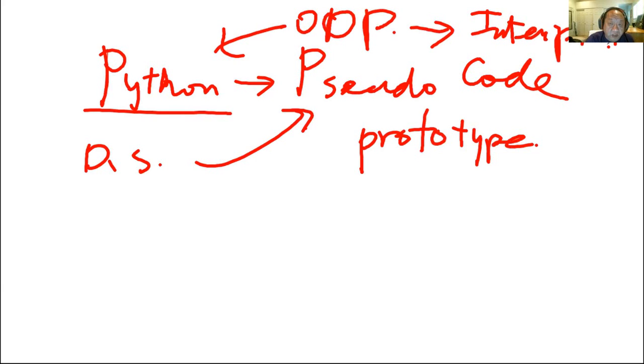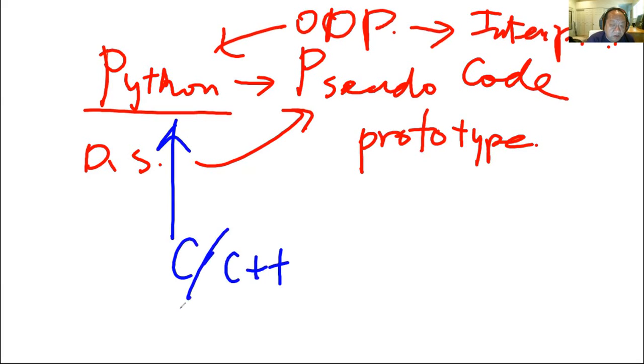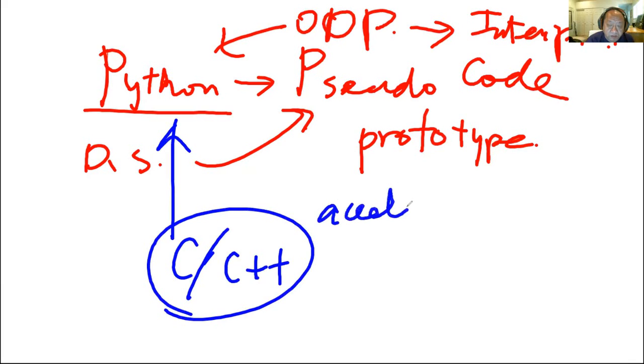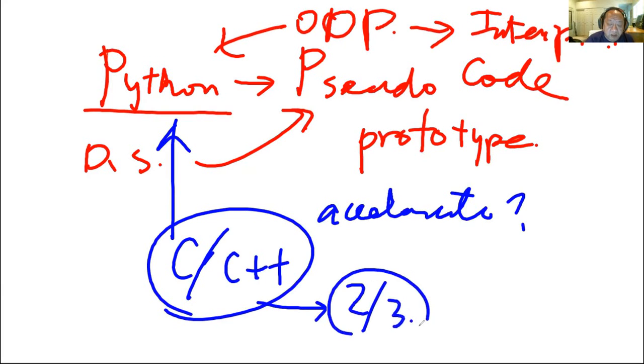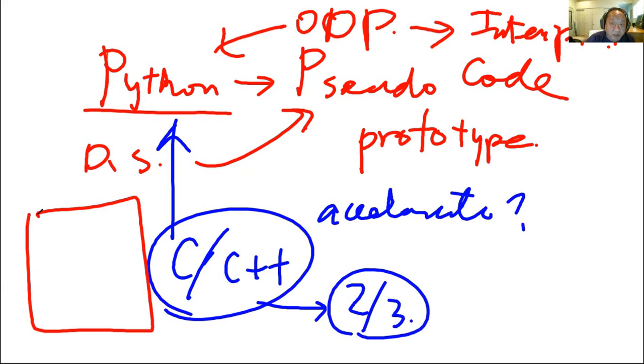So later we need you to use C++ to accelerate your program. But with C++, each unit, you would probably spend 2-3 days on it. So we will probably finish the whole program using Python as the top level, but for some of the key functions we use C++.